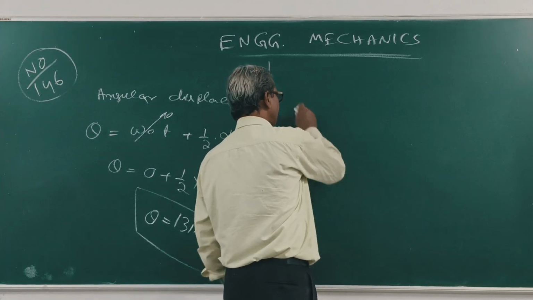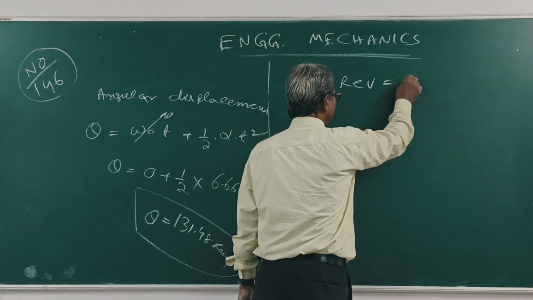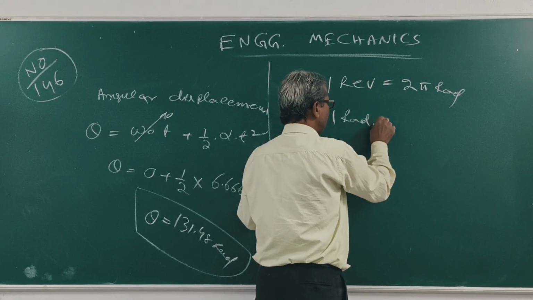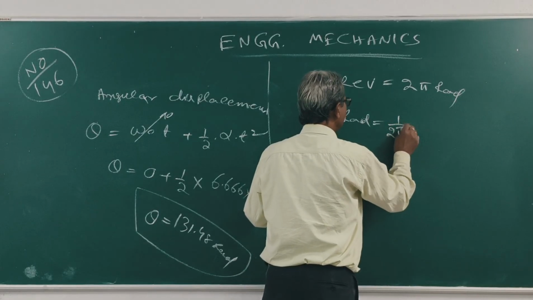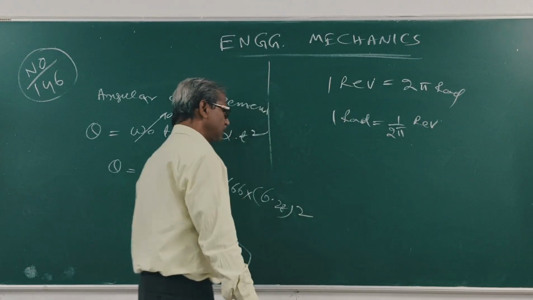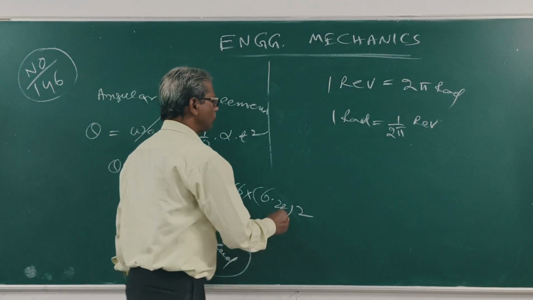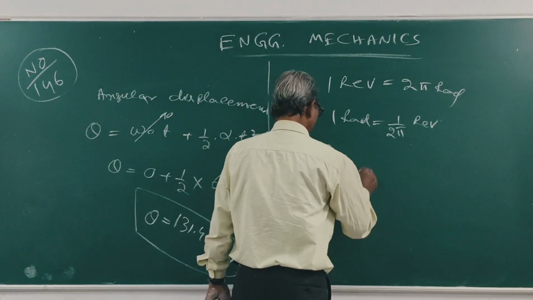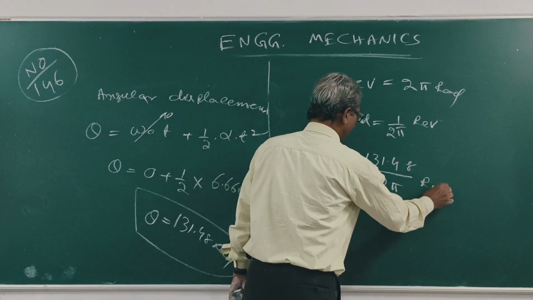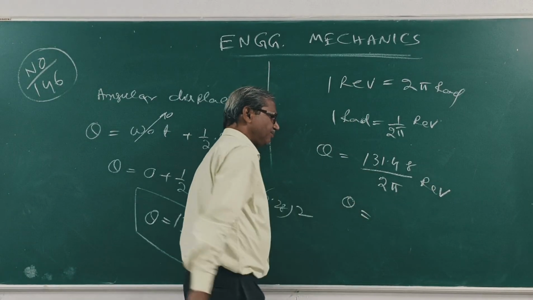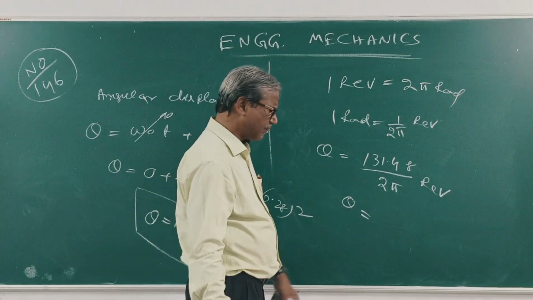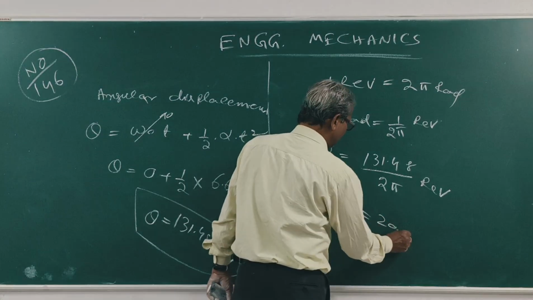Clear? 1 revolution is equal to 2 pi radian. So 1 radian is equal to 1 by 2 pi revolution. So theta is equal to 131.48 by 2 pi revolution, which is 20.92 revolution.